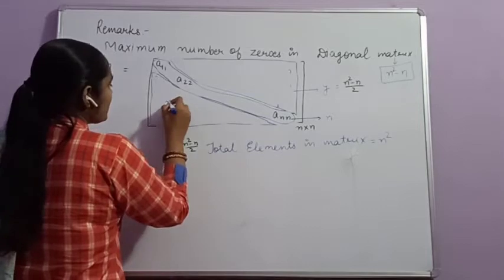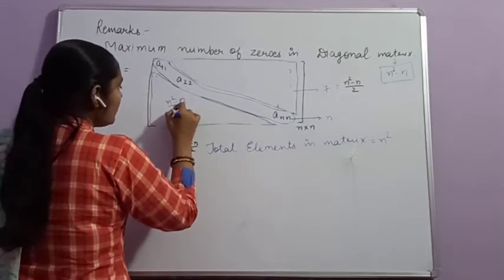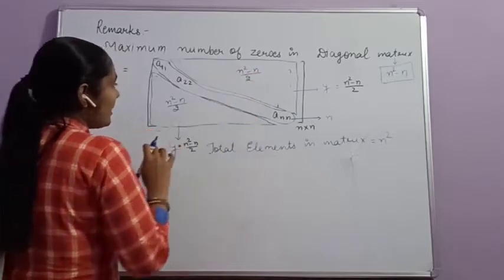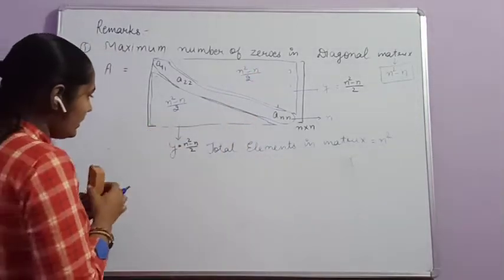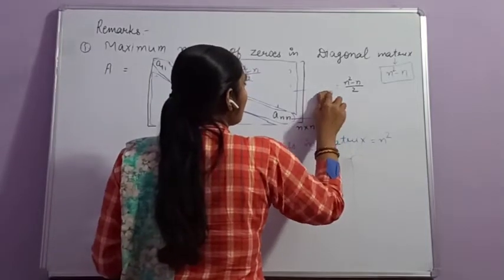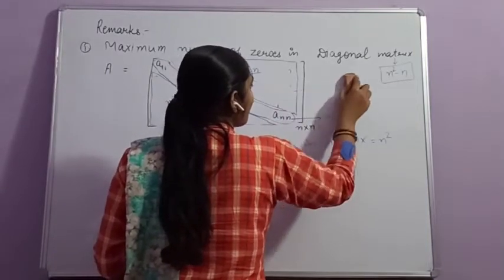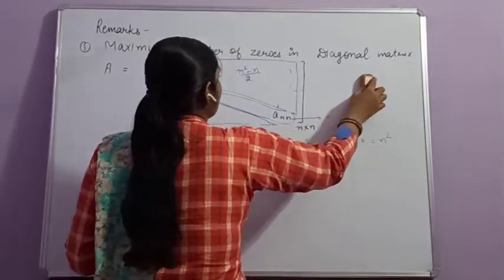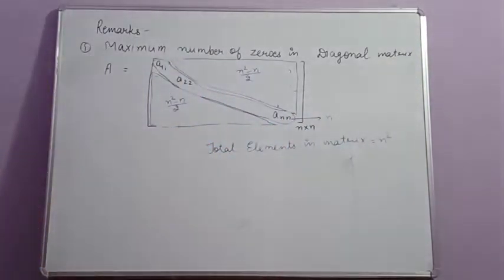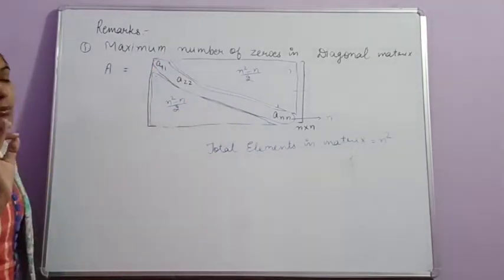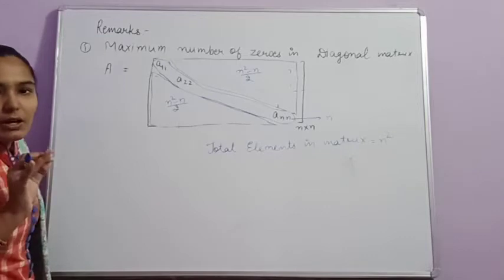These are n square minus n divided by 2. Similarly, here the number of elements is n square minus n by 2. Clear? In a diagonal matrix, we know that at least one element in the principal diagonal must be not equal to 0.